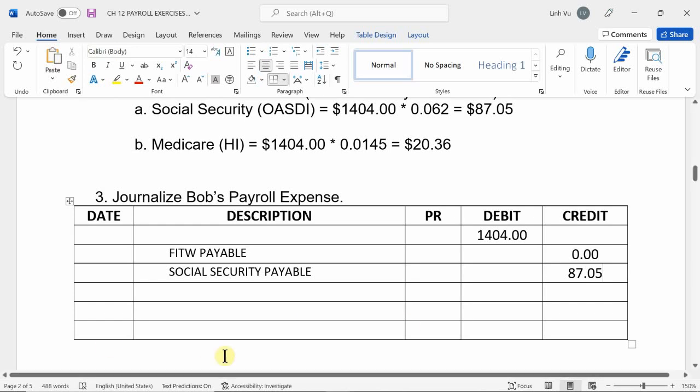And then the next credit is Medicare payable, which is $20.36.